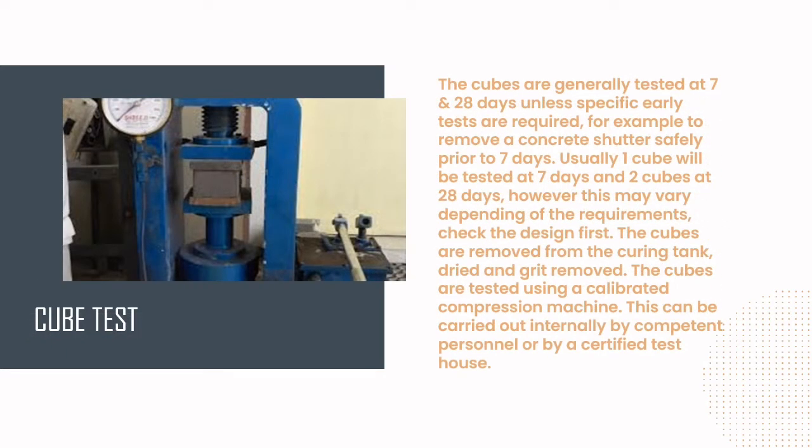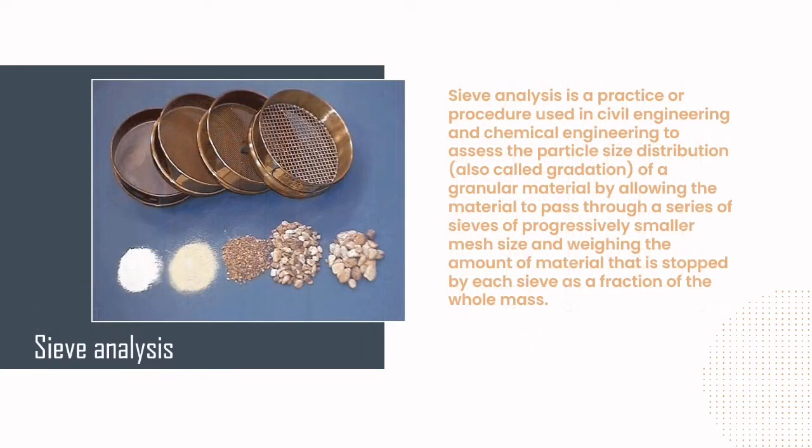The cube is generally tested at 7 and 28 days unless specified otherwise by the early test requirement. Next, sieve analysis. Sieve analysis is a procedure used in civil engineering and chemical engineering to assess the particle size distribution.